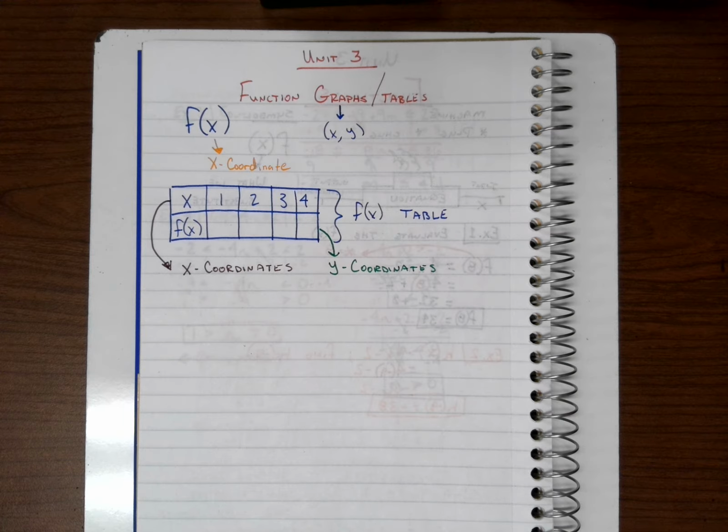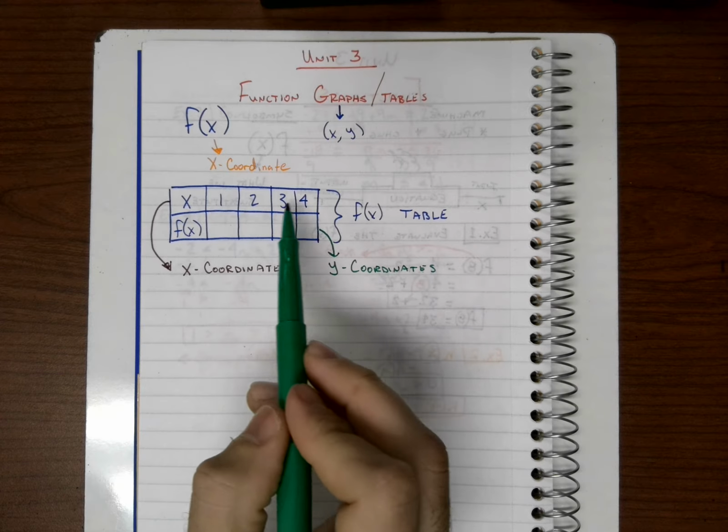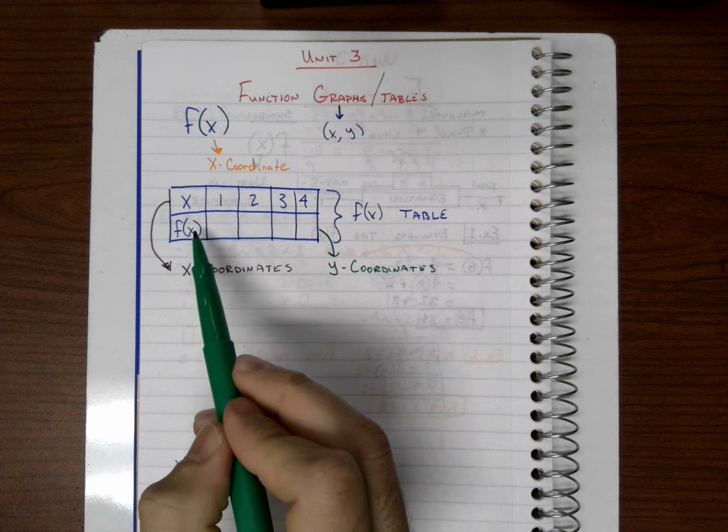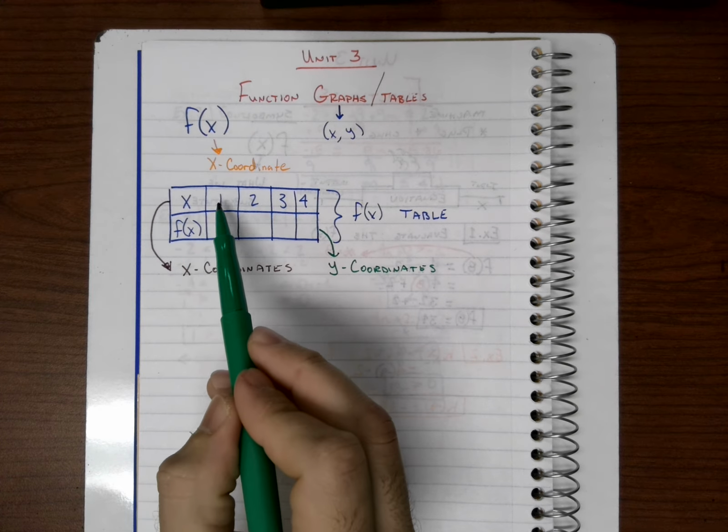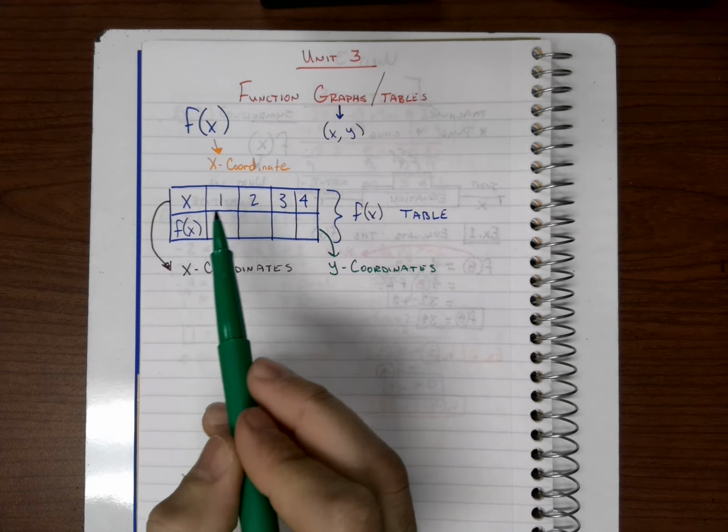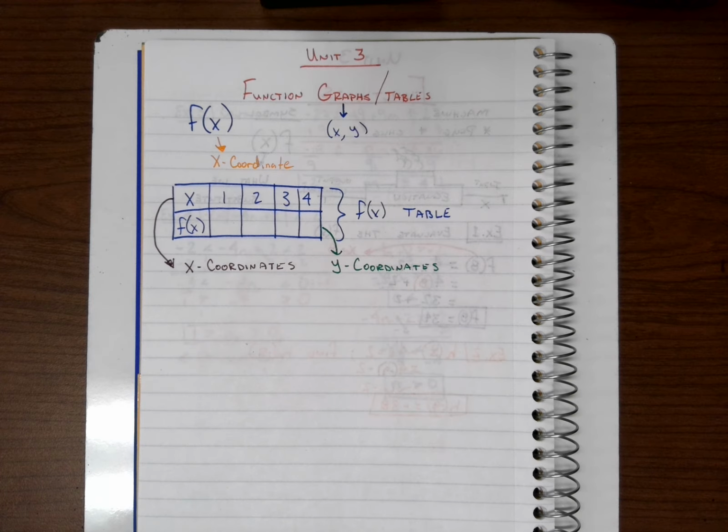So it's just like a table. Basically, whatever numbers you have up here in your x coordinate, or you want to put in for x, those are going to be your x values, and they're what you're going to substitute into your function machine, as we kind of want to call it. So this is going to make a lot more sense once we start graphing these. Not really graphing them, but doing them in a table.